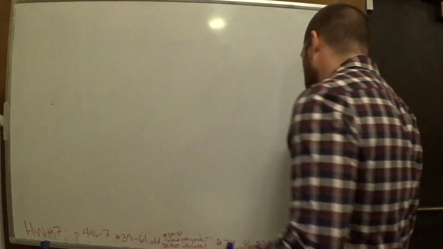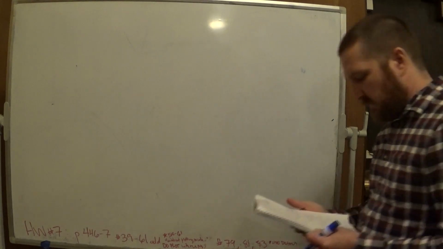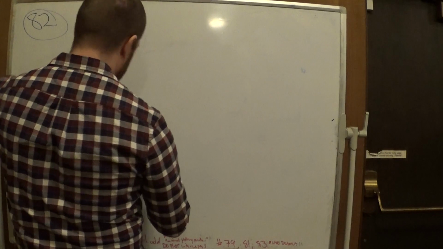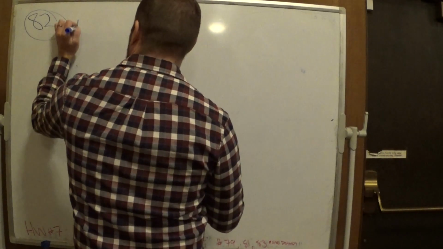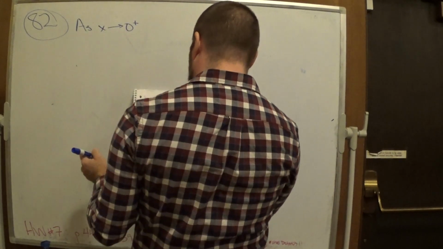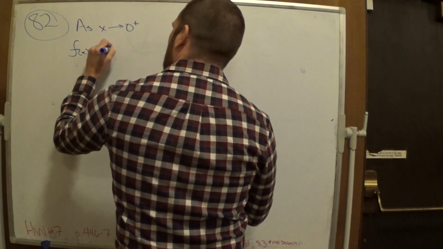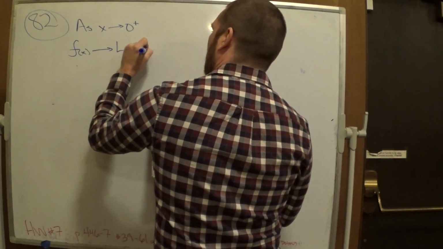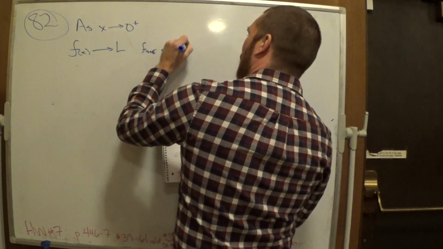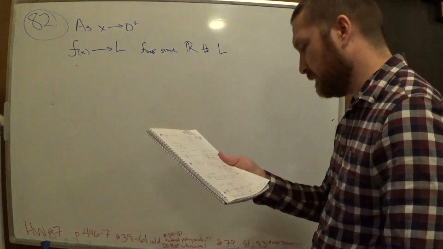Okay, 79, 81, and 83. They give you stuff like this. 82 says, as x goes to 0 from the right, f of x goes to L for some real number L. So it's just any real number.